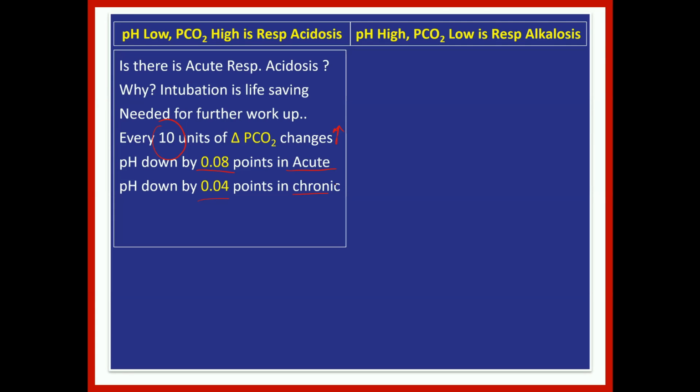In chronic there is time, so the pH is adjusted nearer to the normal value, and it is only 0.04 units lower. This you remember as a rule.